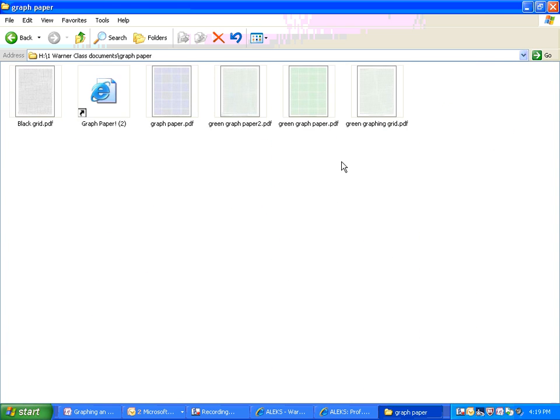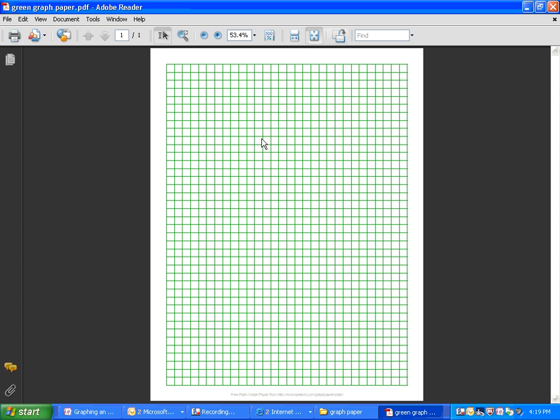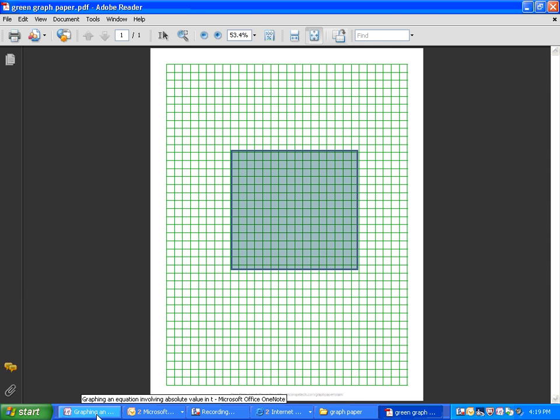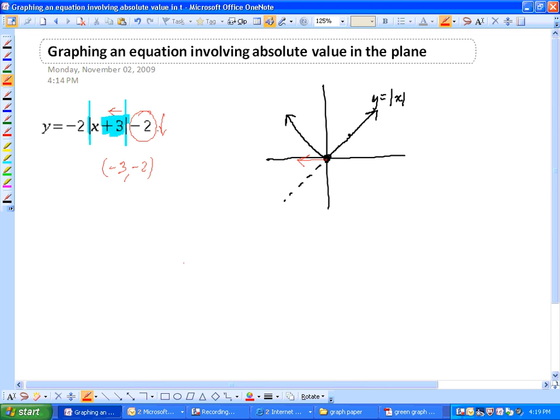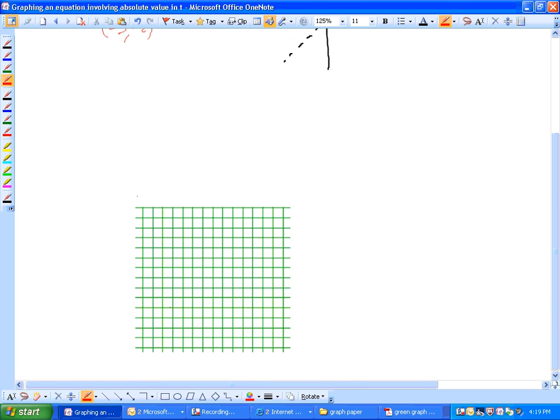Oh, it's right there. All right, so tools, select and zoom, snapshot. There. Hey, Danny. Control. All right, now we have a graph in there. Let me pause.